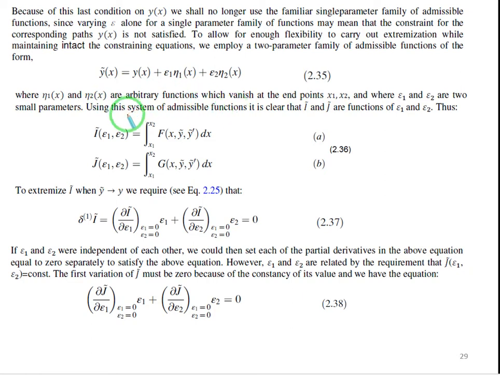And now we can say that I tilde is a function of two variables, epsilon 1 and epsilon 2, and can be defined as integration from x1 to x2 of f of x, y tilde and y tilde dash dx, and J tilde in the same way is a function of two parameters, epsilon 1 and epsilon 2, and can be defined as integration from x1 to x2 of g of x, y tilde and y tilde dash dx.